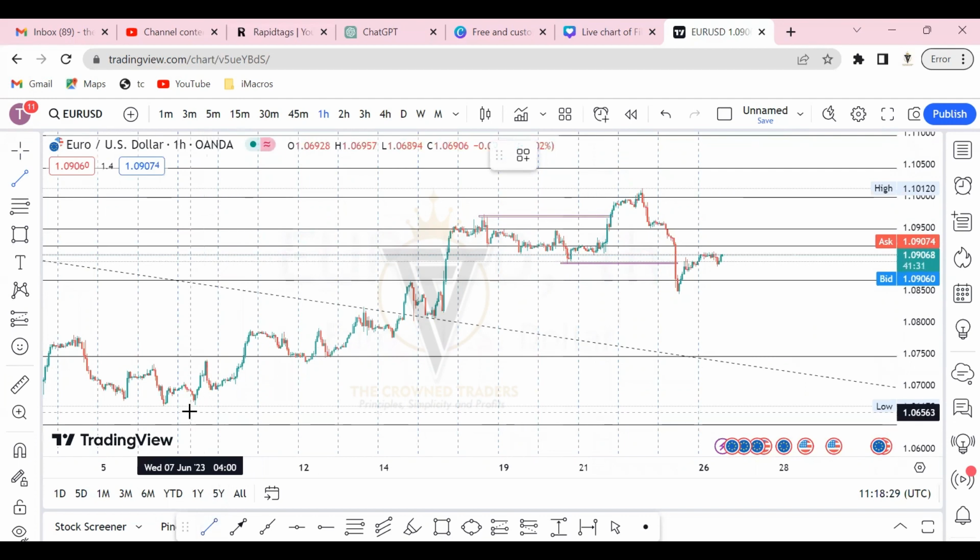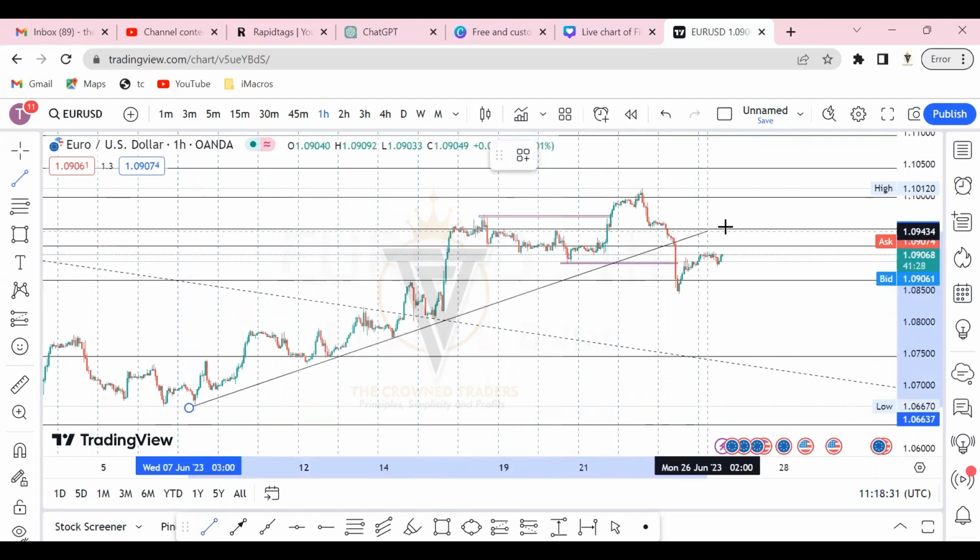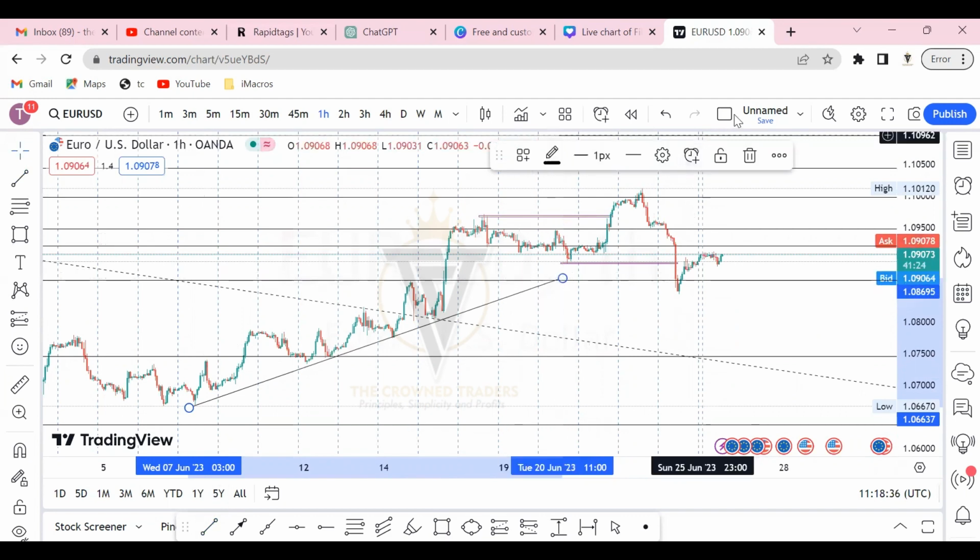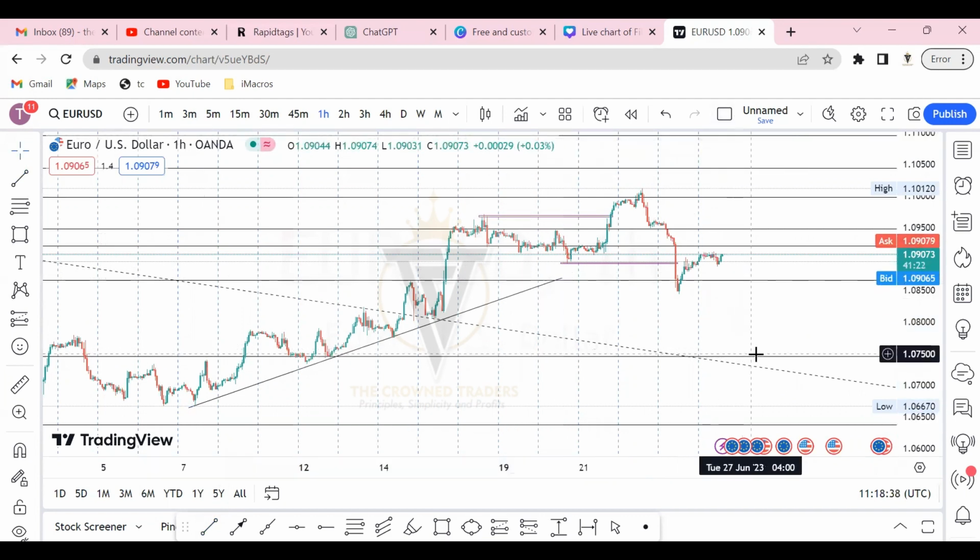Okay, and we have seen that on H1, price has been bullish. So let's see what we do now. I will still come and plot my Fibonacci levels.